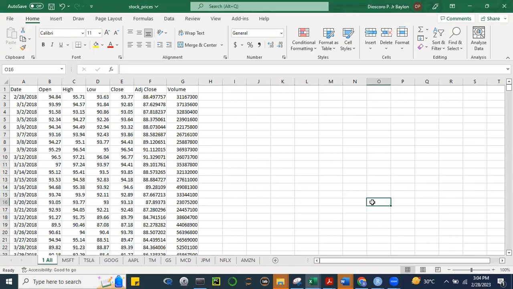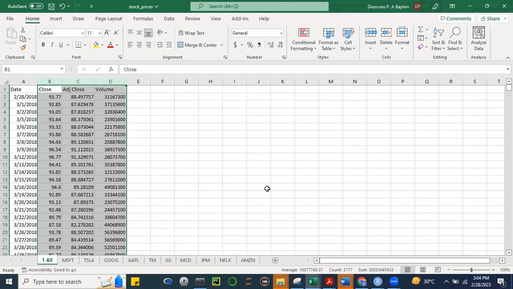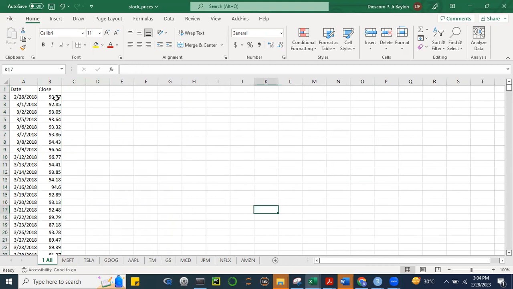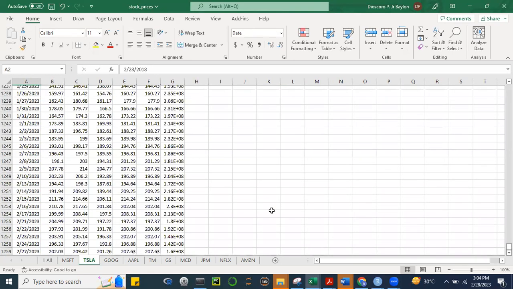Okay, delete natin to, and then we'll just leave the closing price, and then I'm going to name this Microsoft, MSFT, para alam ko kung anong stock to. All right, then I'm going to do that for Tesla.